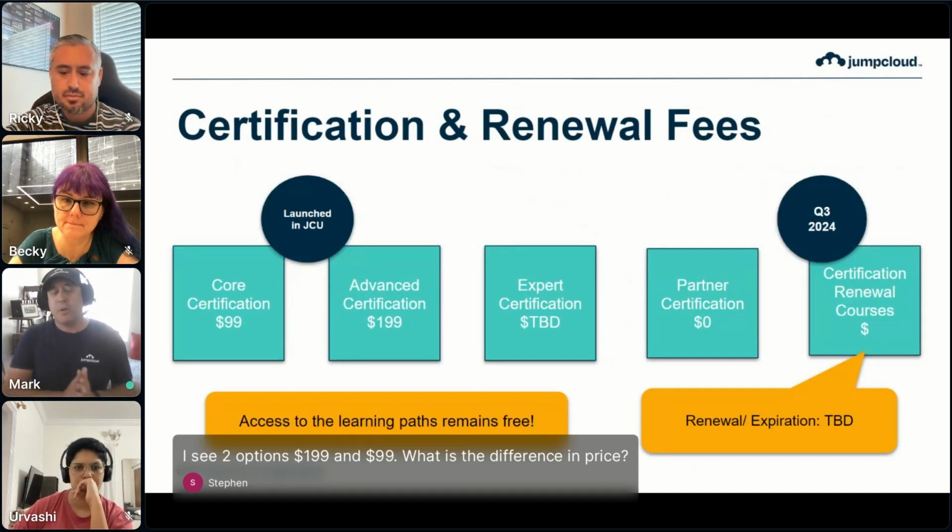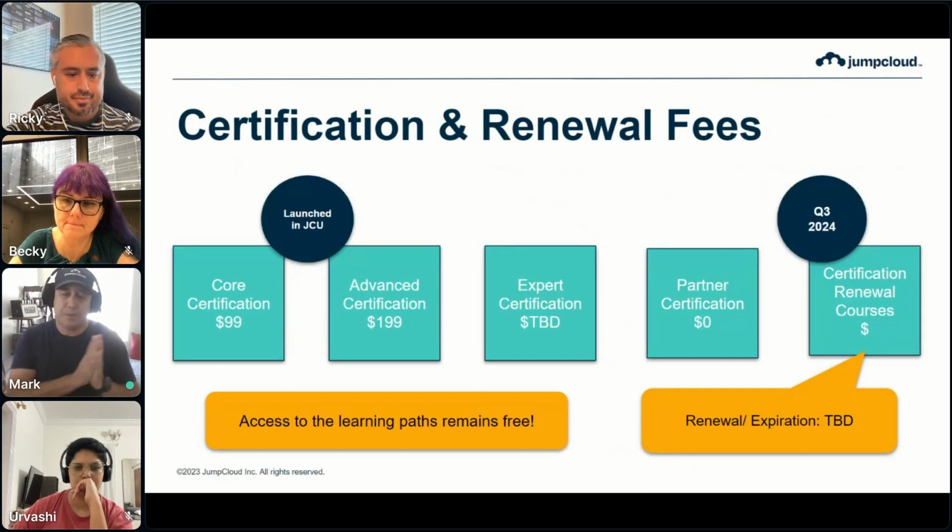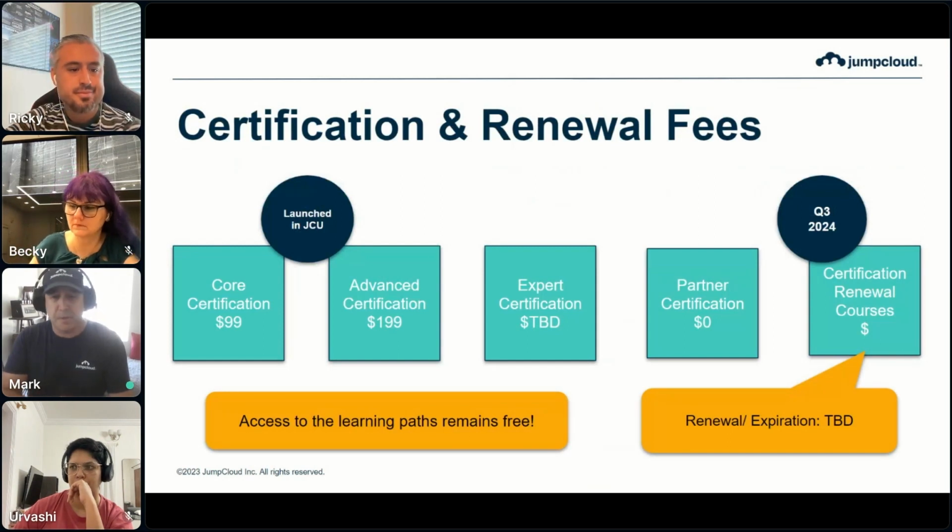As for the renewal fees, we're still talking about what that might look like. But with the new advanced certification, we are now charging for core as well for direct customers. Again, for partners, it will be free. The expert certification is still to be determined. Again, I want to stress that all the learning paths and all the content within JCU remain free.